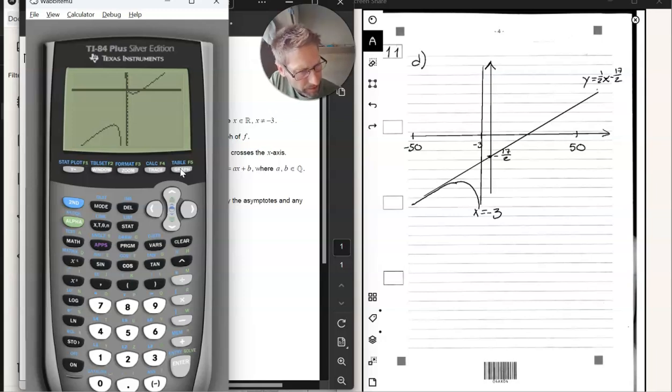It actually crosses the y-axis and starts going up towards the asymptote. And this is what we found to be the x-coordinate 2, and this is the x-coordinate 12. And that's sort of as well as we can do.